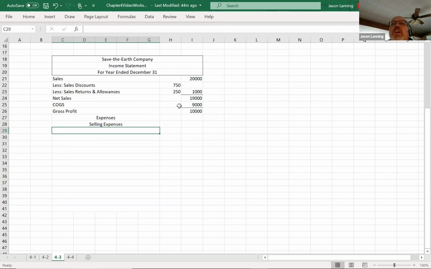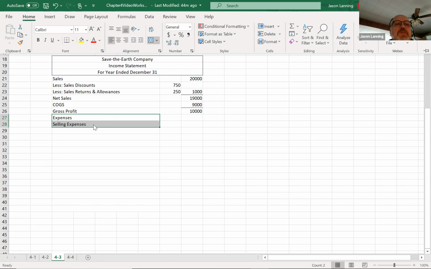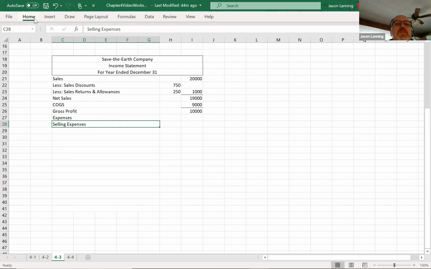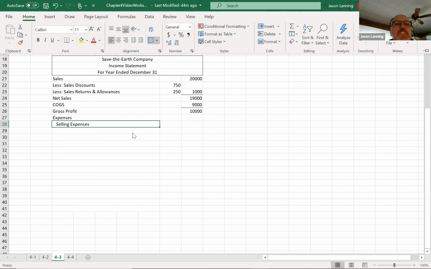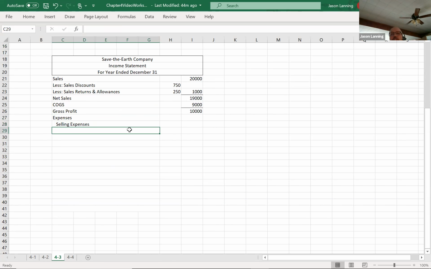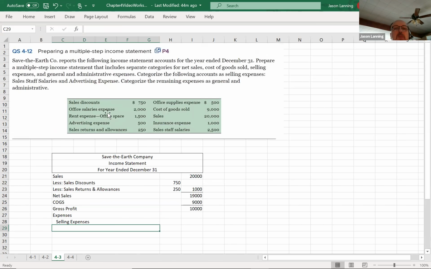Selling expenses. Now, let me tidy this up a little bit. All right. So for selling expenses, they tell us up here, we put what? Sales staff salaries, advertising expense.